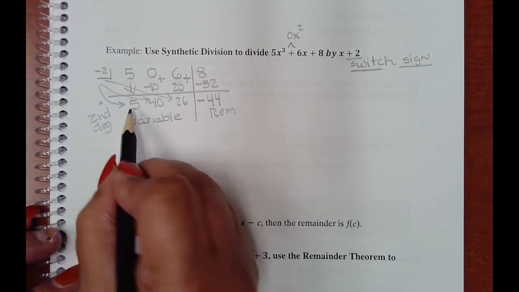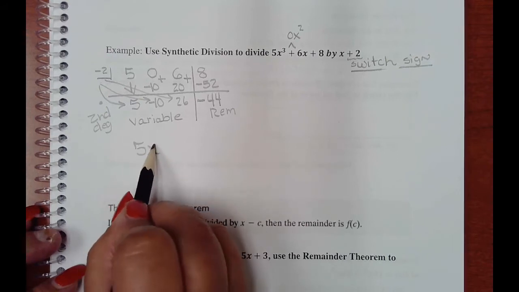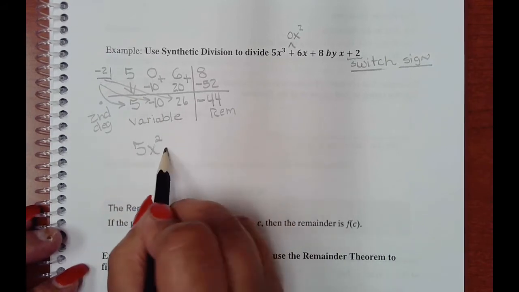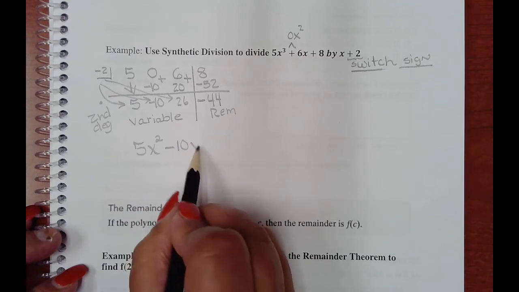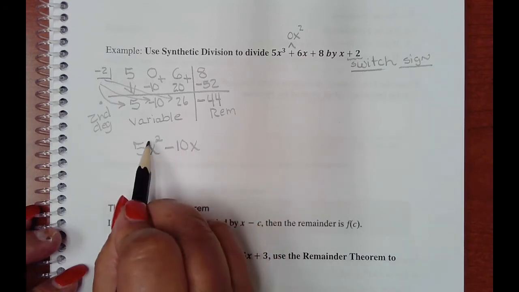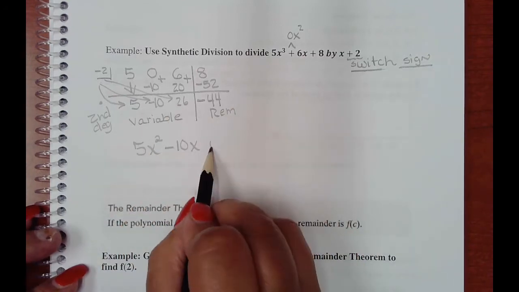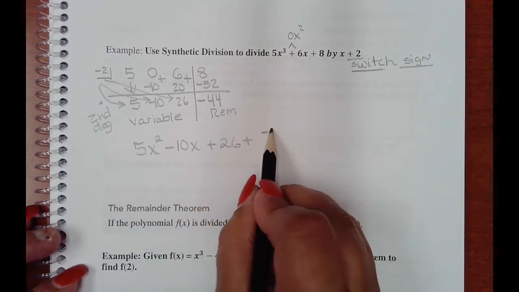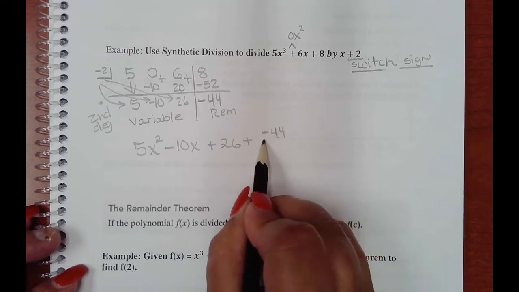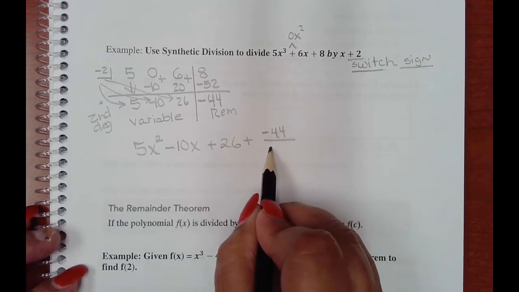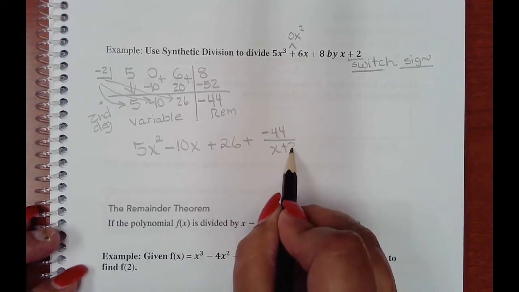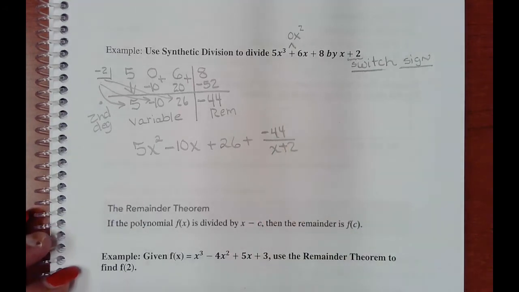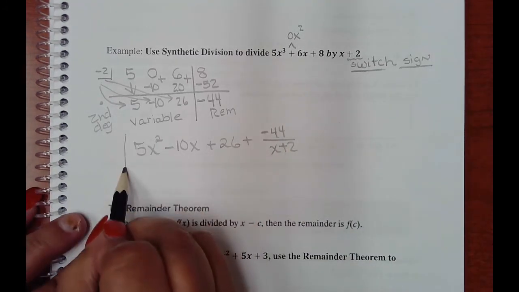So this first number represents the second degree term. This next number represents the first degree term, because this will be 1 degree less than that. This next number represents the constant, and then your remainder is -44 divided by x plus 2 if you want to give your remainder in fractional form.